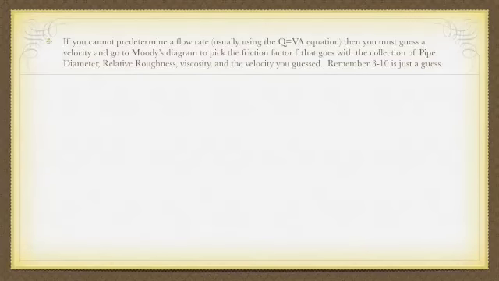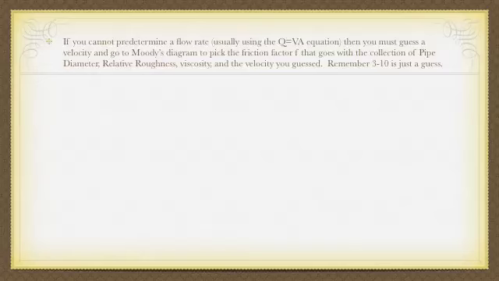All right, if you can't determine the flow rate, this is very typical, you're going to need to use something called Moody's diagram, which actually is an empirical diagram gathered by figuring out how much energy is lost based on the physics of flow. There's a program in the calculator that takes advantage of the friction factor f.